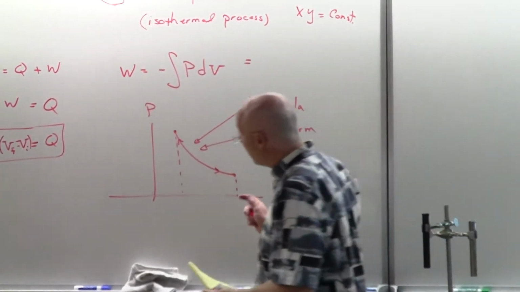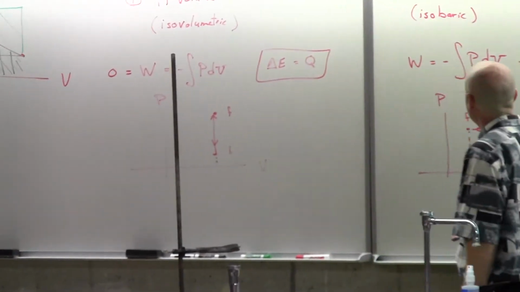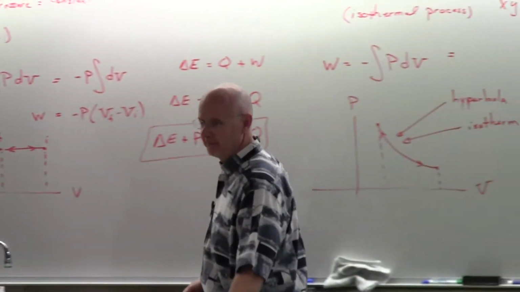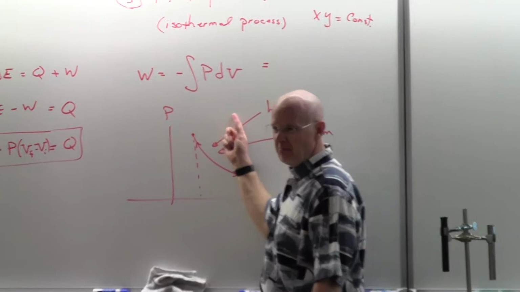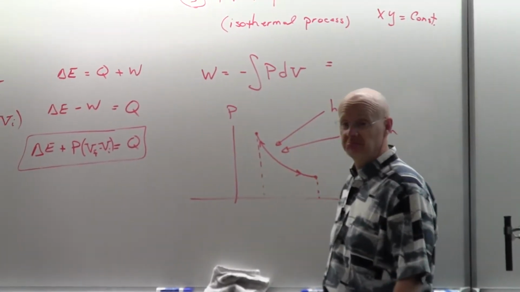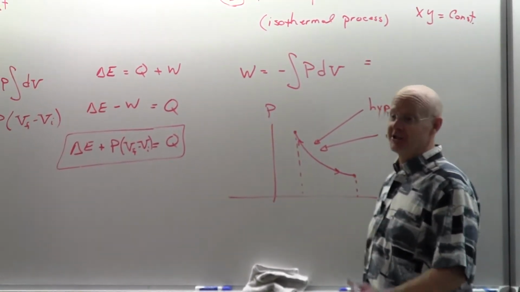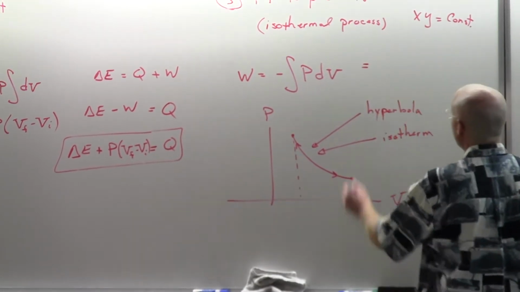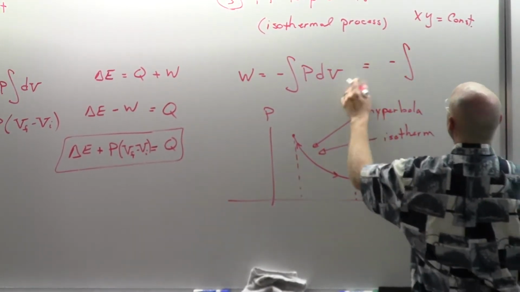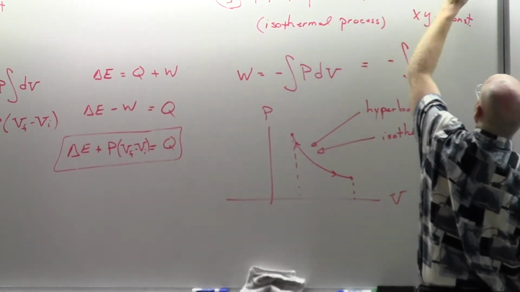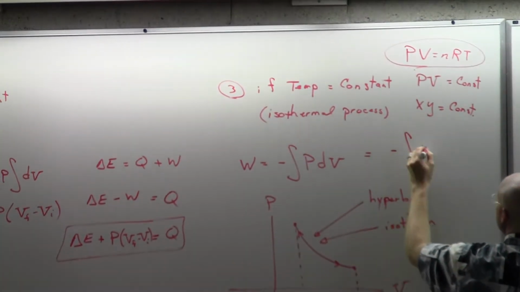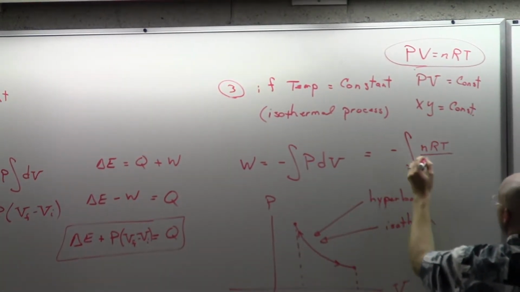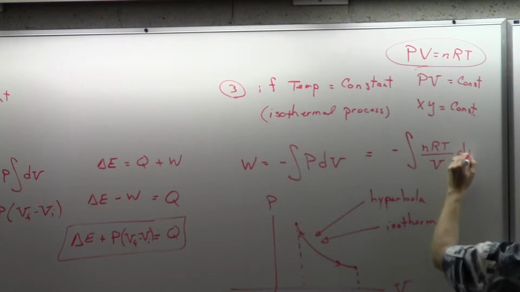And again, it's a little bit harder, right? Easy, somewhat easy, medium? Oh, good. So you guys see it. It is a natural log. I could put in, and using this, I can write it as nRT over V dV.